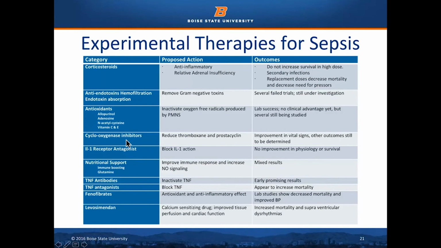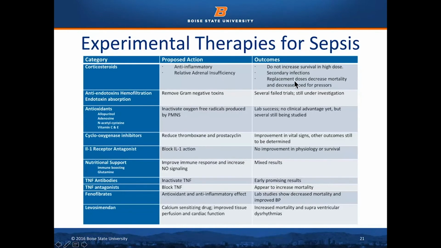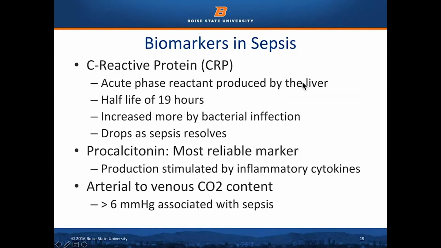And what this slide basically points out, the take home of this confusing slide I put together, is that none of these individual targeted therapies has worked. So we've looked at a variety of things. Corticosteroids, we'll talk about those. Replacement doses do seem to decrease mortality.